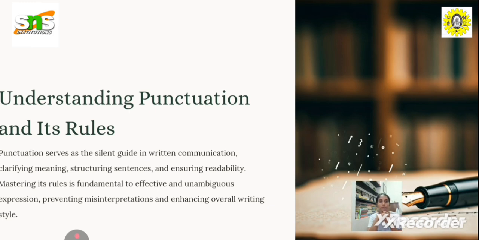Another source defines punctuation as a special symbol that you add in your writing to separate phrases and sentences, to show whether something is a question or a sentence, or that you have to use a comma.